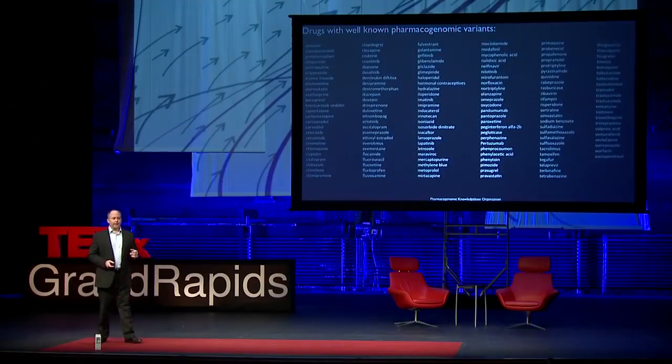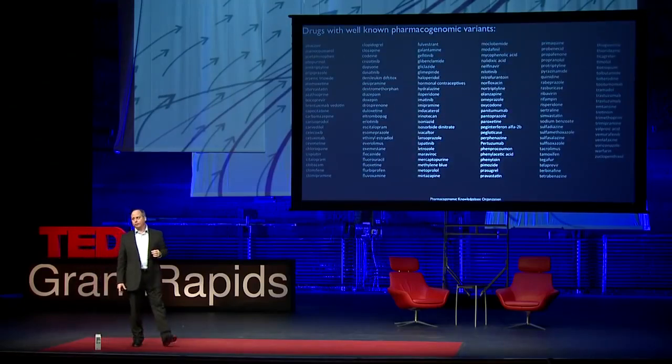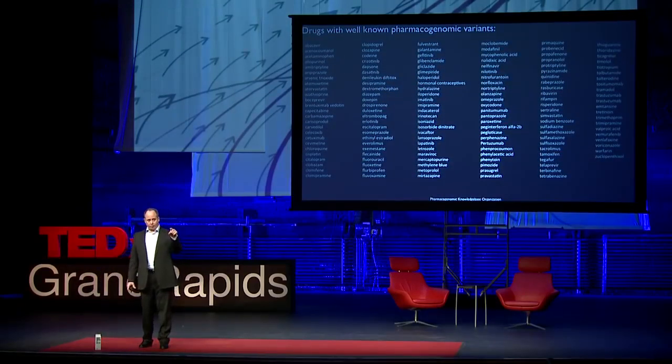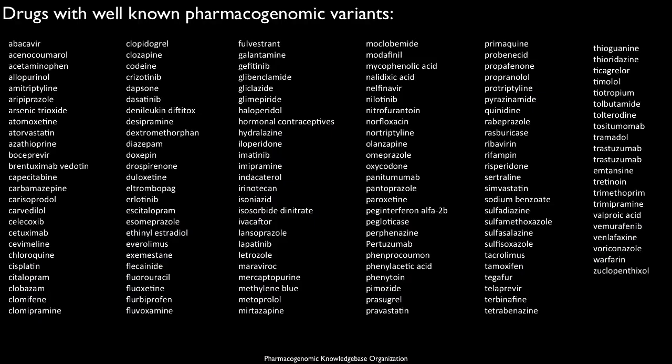So how much do we know about this? Well, right now, there are 145 drugs currently sold in the United States that have pharmacogenomic variants associated with them.